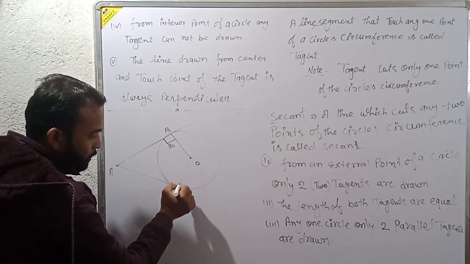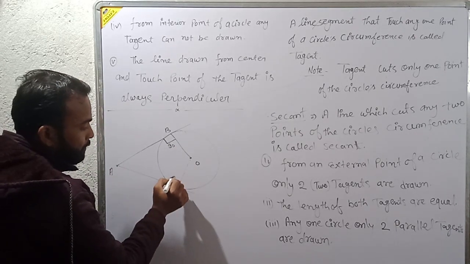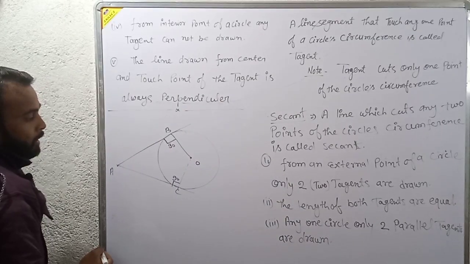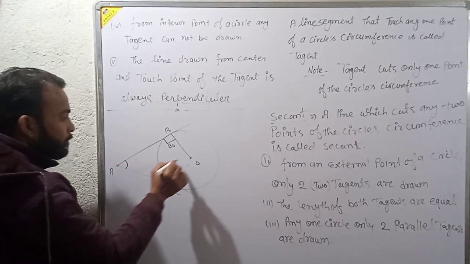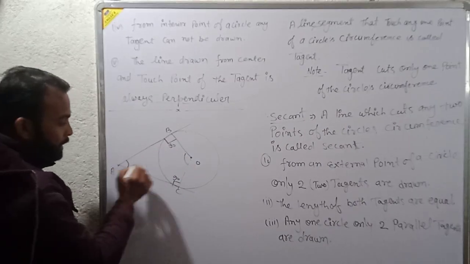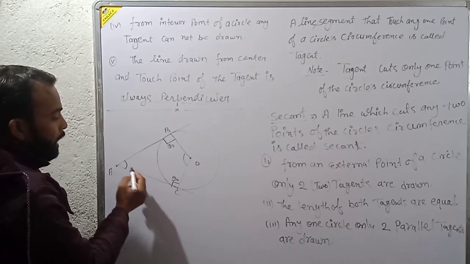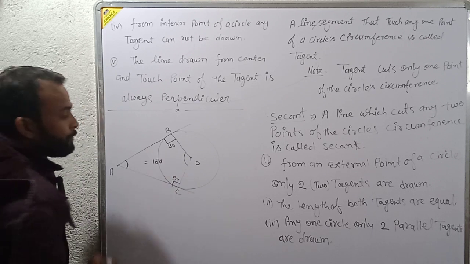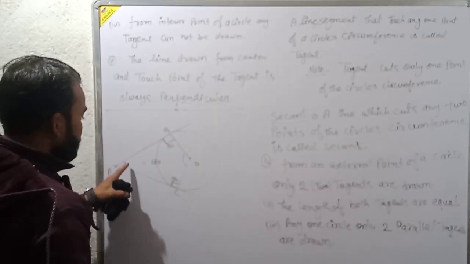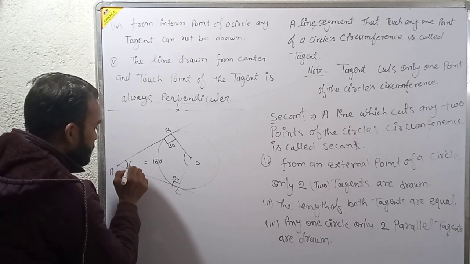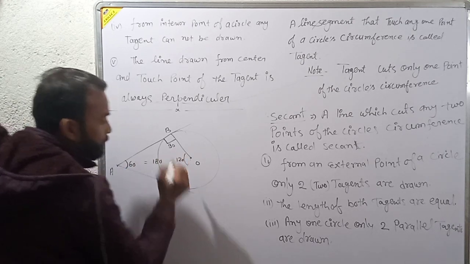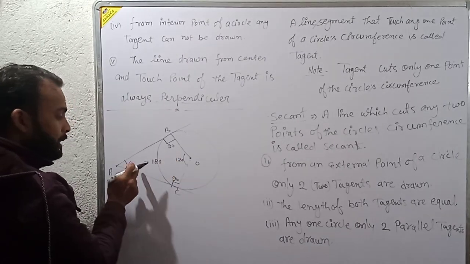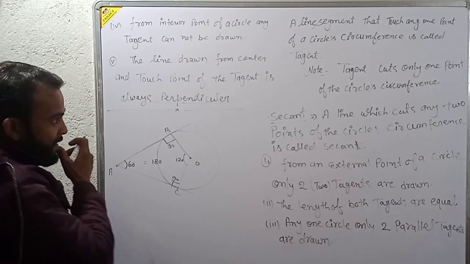This is also equal to 90 degrees because it is perpendicular. So the sum of both opposite angles is equal to 180 degrees. Clear? That means if this angle is 60 degrees, then this will be 120 degrees. Clear? If here it is 120, then there it is 60 degrees. Clear?